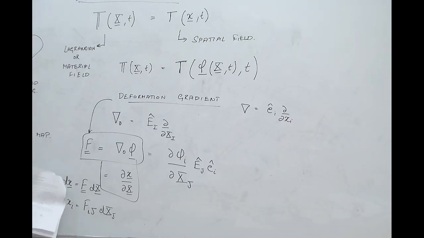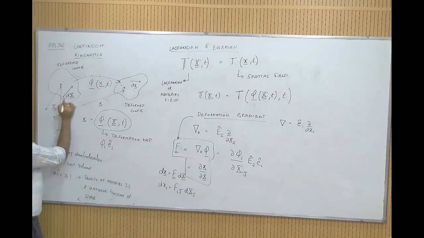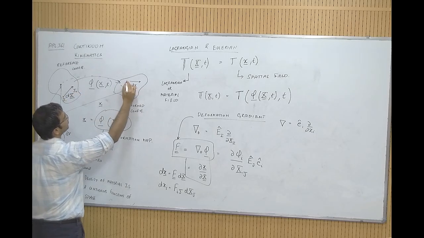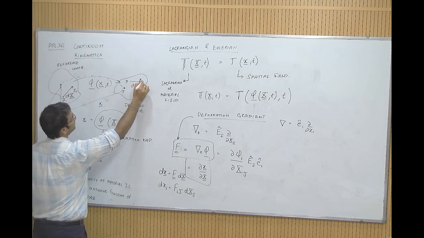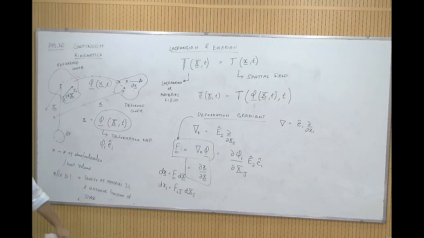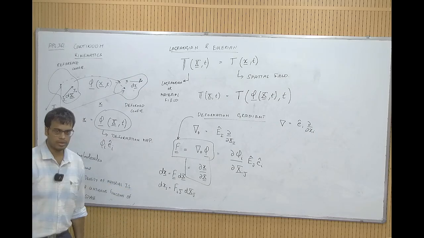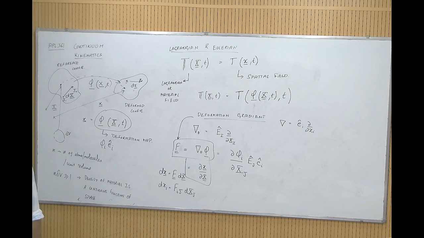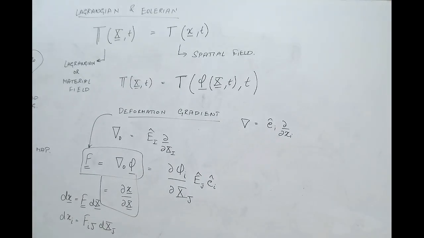So you can prove from here, what you can do is you can take a capital X1, you can take a capital X2, you can map them to a small x1, small x2, apply Taylor's expansion, and then you will get this result. By this definition, it's just a gradient of a vector field.